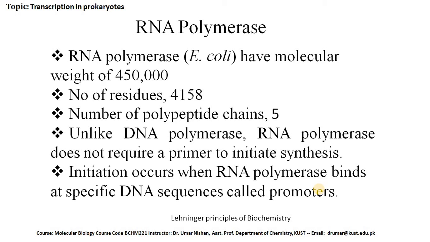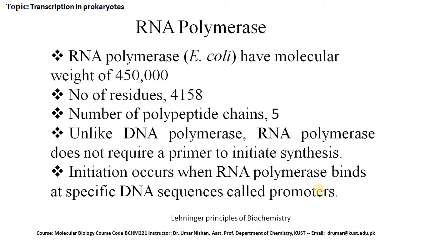If RNA polymerase binds randomly to any part of DNA, this will be a hugely wasteful process, because RNA polymerase will have to transcribe a huge region, and the region of interest will be very small.